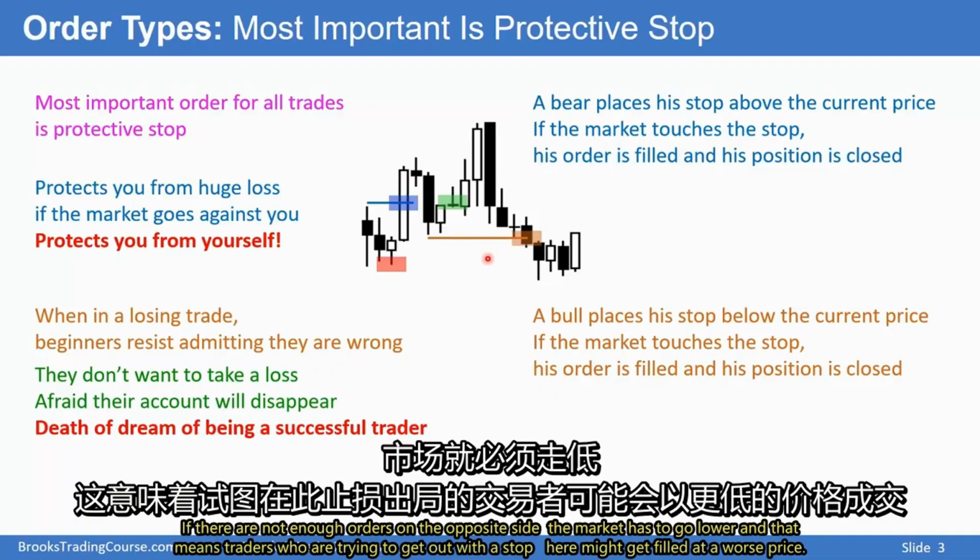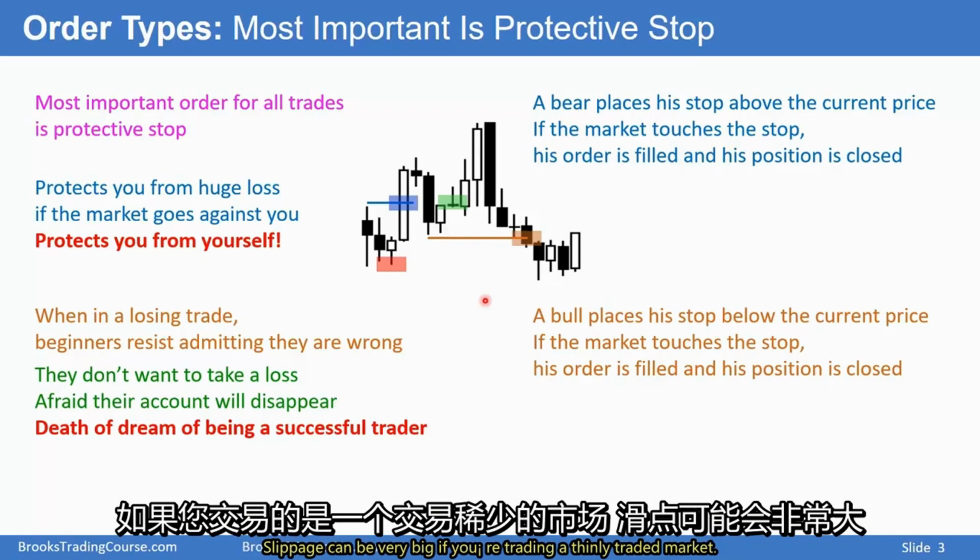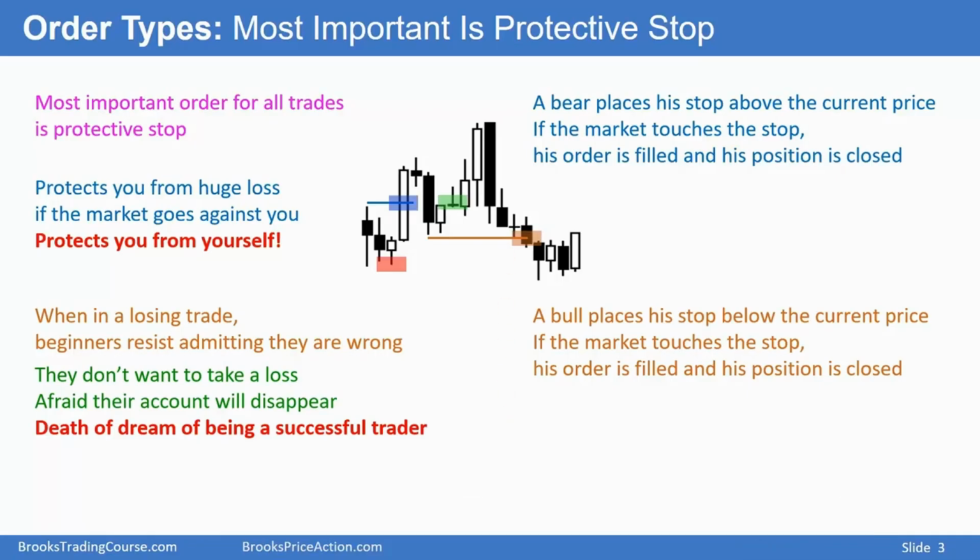The orders that get placed first get filled first. If there are not enough orders on the opposite side, the market has to go lower, and that means traders who are trying to get out with a stop right here might get filled at a worse price. If the market is a heavily traded market, usually the worst price will not be much different from the intended price where you placed your order. Slippage can be very big if you're trading a thinly traded market.